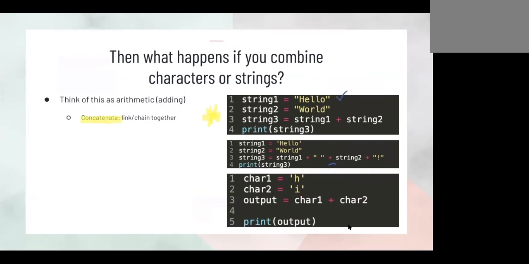I have my string 1, which is hello, and string 2, which is world. If I do string 1 plus string 2, that means I'm concatenating, literally linking or chaining these 2 strings together in that same exact order. So string 1, which is hello, string 2 is world.